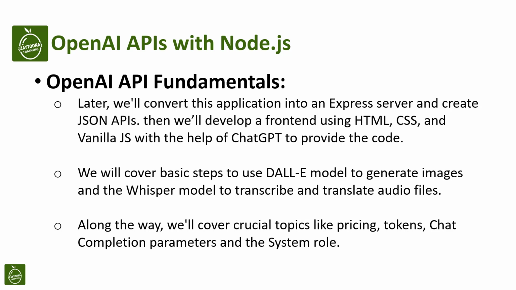We will do that with the help of ChatGPT to provide the code. We will also cover basic steps to use the DALL-E model to generate images and the Whisper model to transcribe and translate audio files. Along the way, we will cover crucial topics like pricing, tokens, chat completion parameters, and system role.